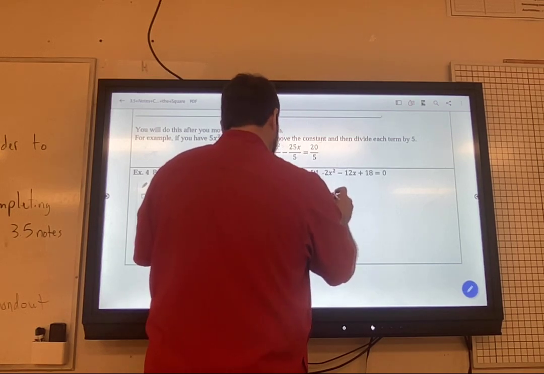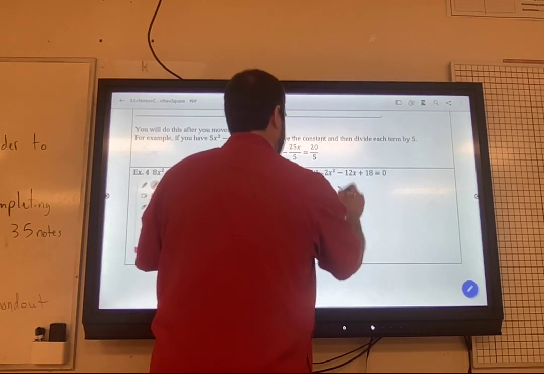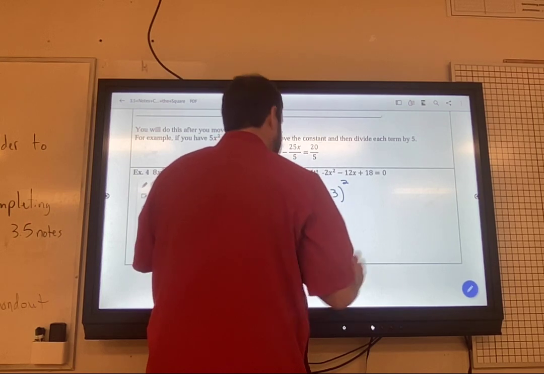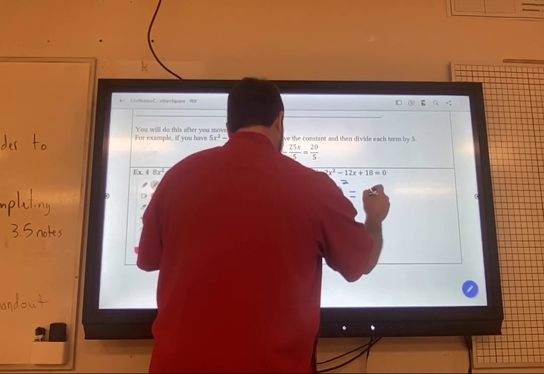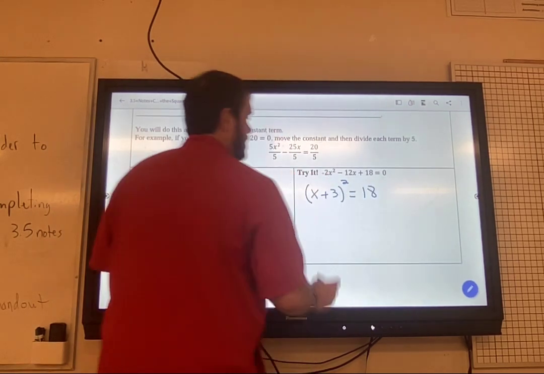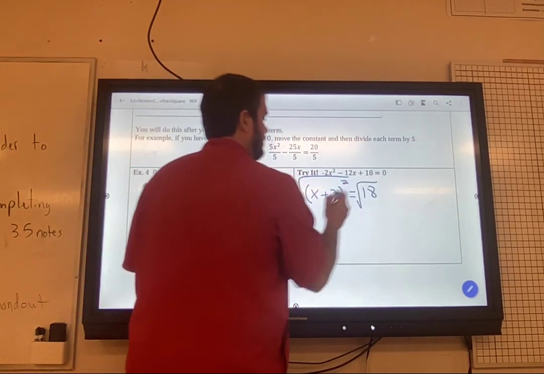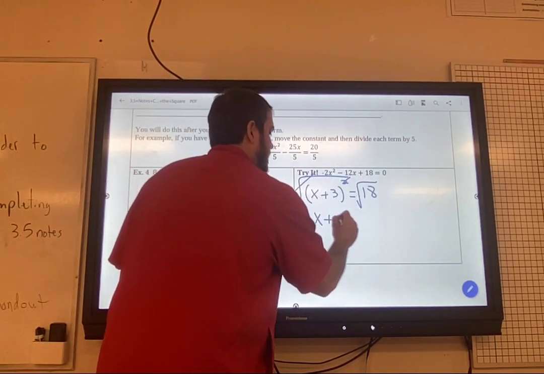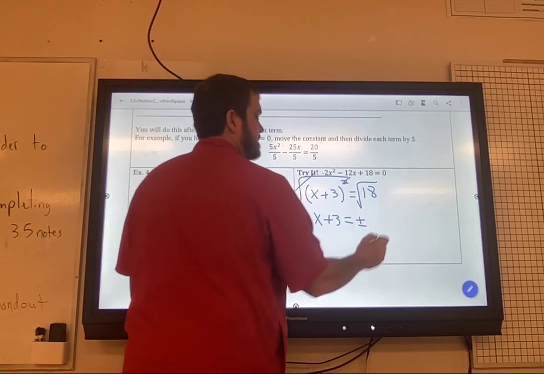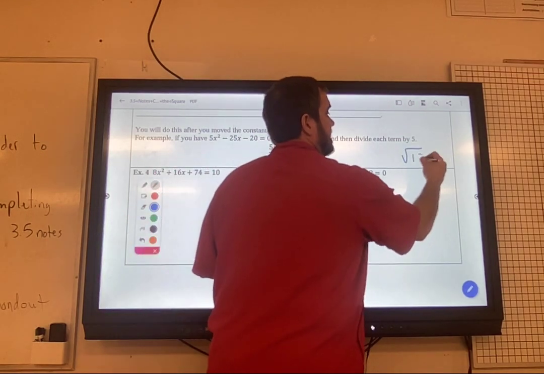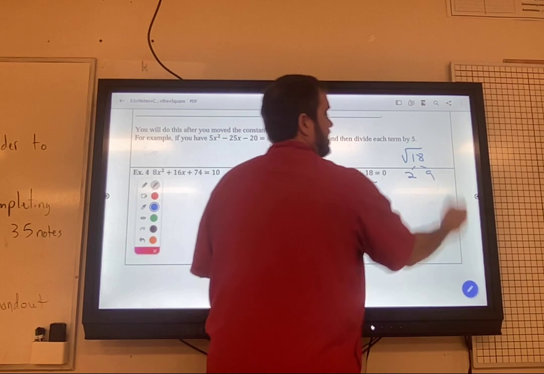We were at this point, x plus 3 squared equals 18. Square root, x plus 3 equals plus or minus. We need to simplify the square root of 18. I like the tree.